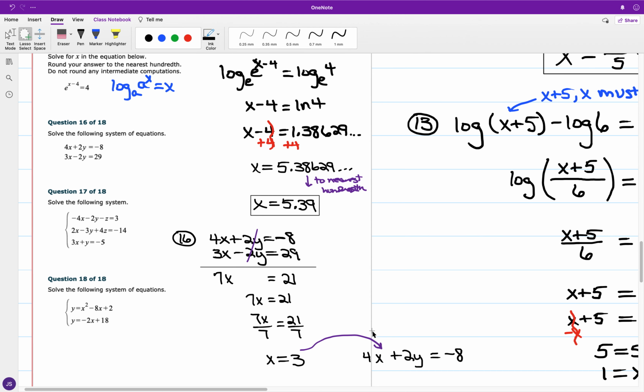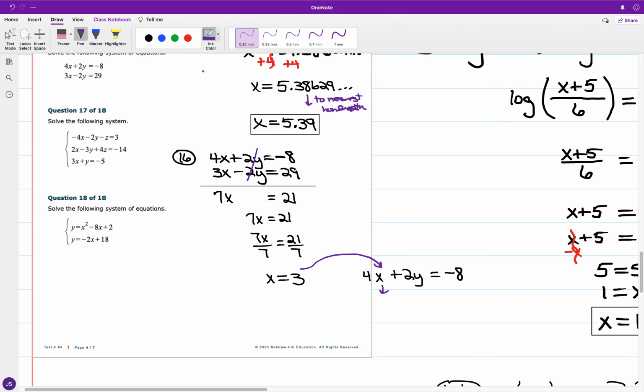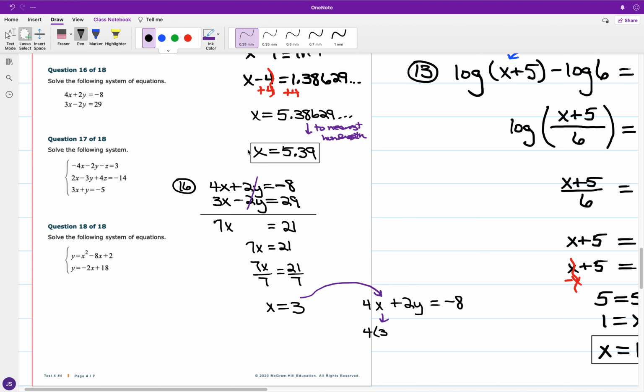Again, just plugging in 3 for x, we have 4 times 3 plus 2 times y is equal to negative 8.